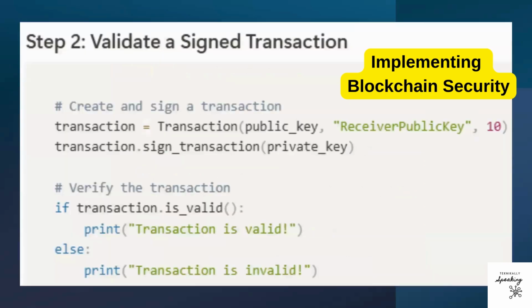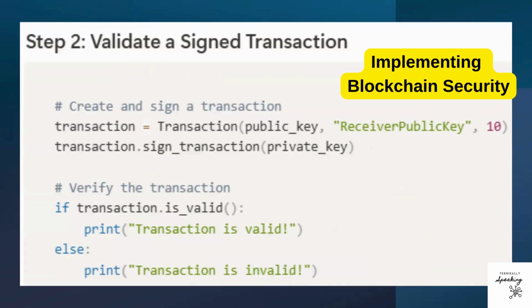In step 2, we're just going to validate the signed transactions, where we have to create and sign a transaction, as you can see, with the public key and the private key, and then verify the transaction, and it's going to print transaction is valid or transaction is invalid.